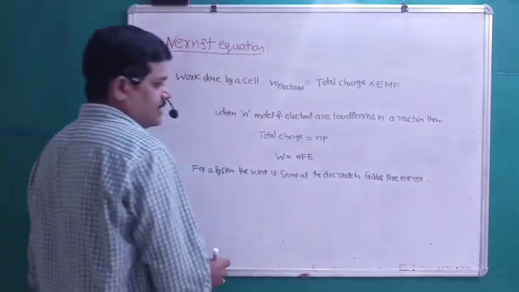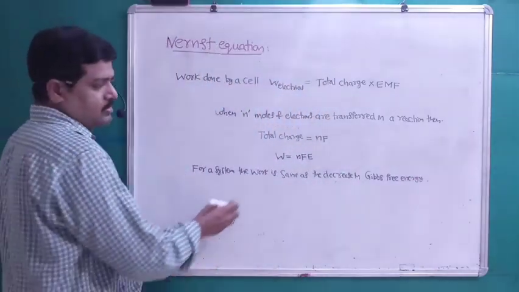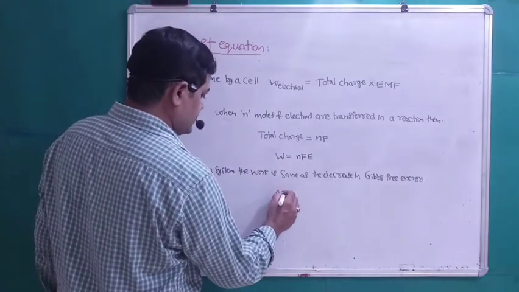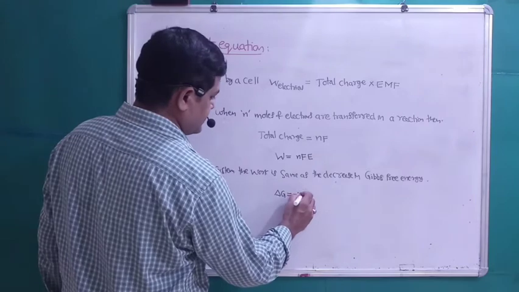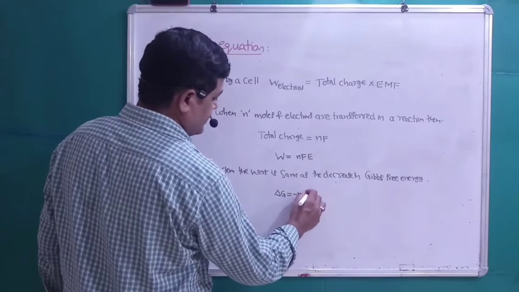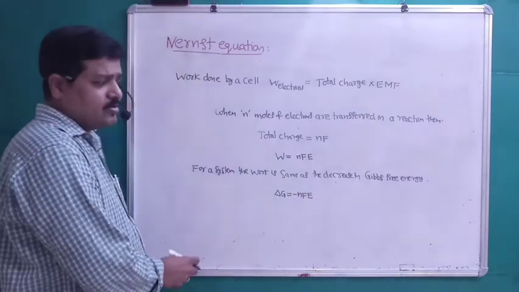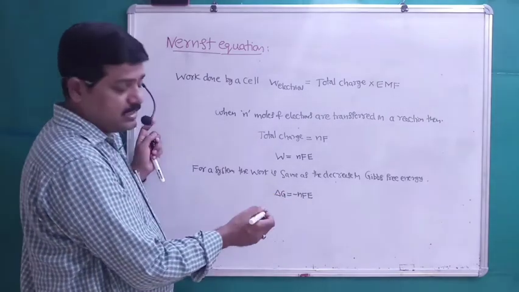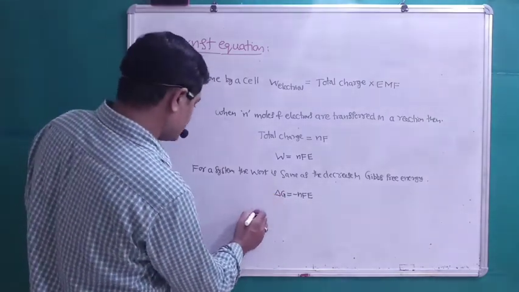So we can write this as delta G is equal to minus nFE, right? Because this negative sign indicates a decrease in Gibbs free energy change.